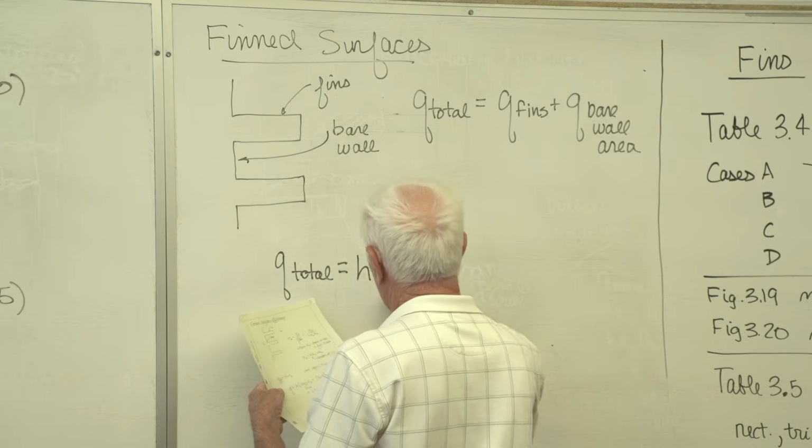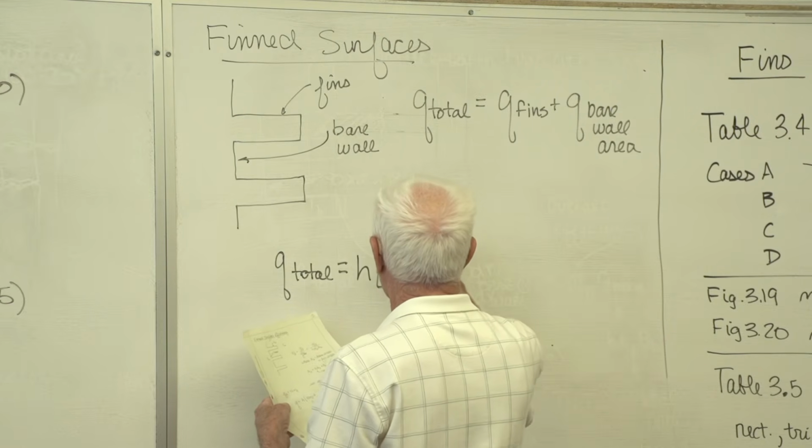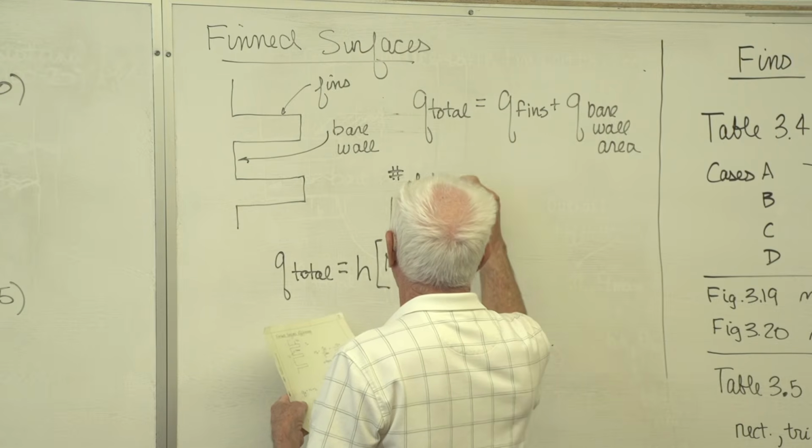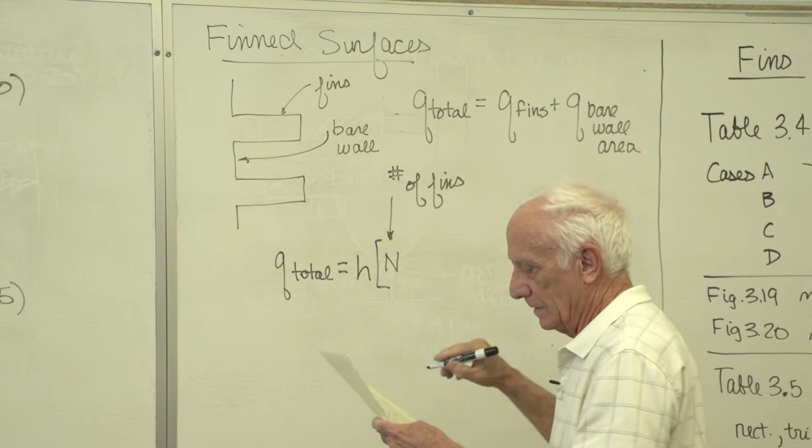Well, I'll put it down here. N is the number of fins. So this is the number of fins on the wall. If we have 100 fins attached to a wall, N is 100.